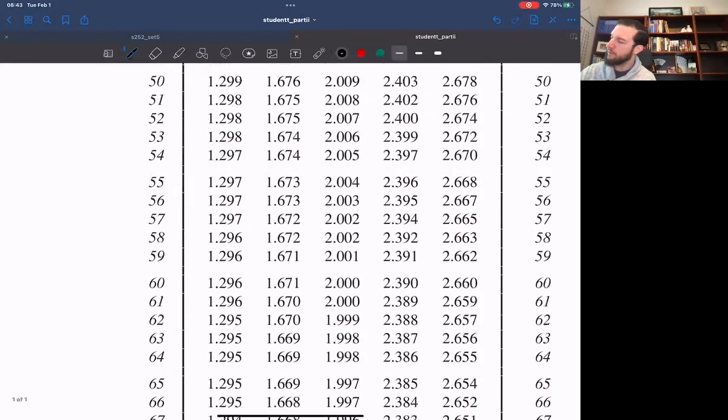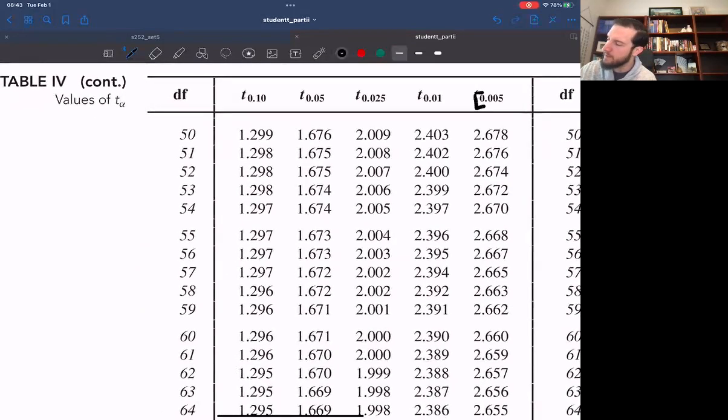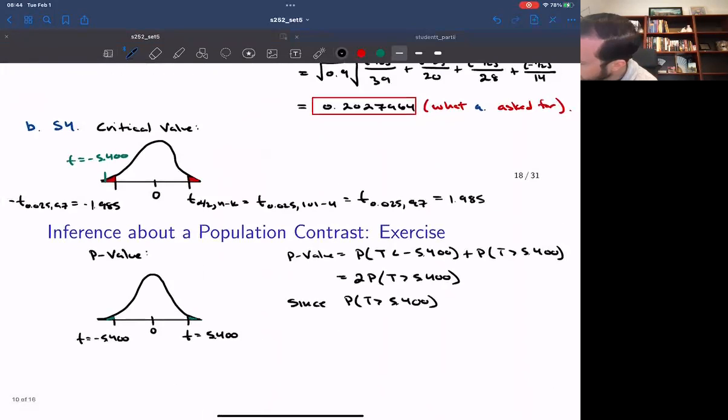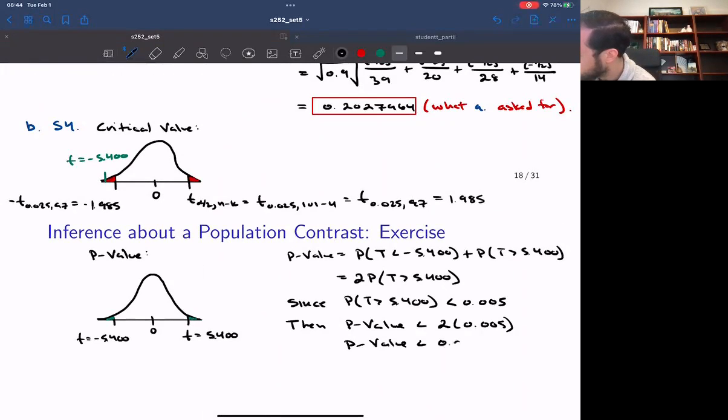So therefore, the p-value, or the area rather, in one tail is going to be smaller than 0.005. So we can say, since this probability is less than 0.005, then the p-value is less than 2 times 0.005. P-value is less than 0.01.